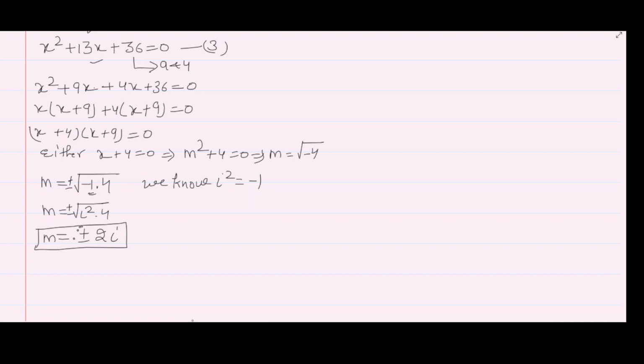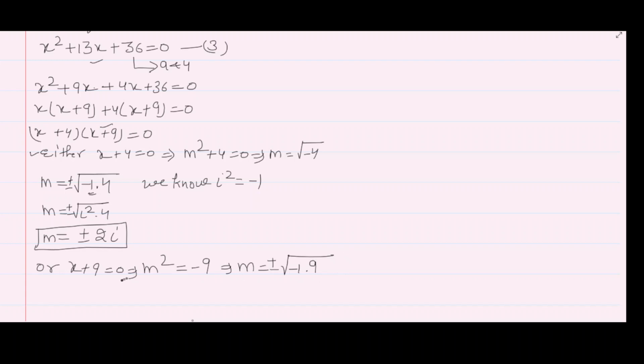Okay, now either x plus 4 equal to 0 or x plus 9 will equal to 0. The value of x is m square, that will be equal to minus 9. It means the value of m will be equal to under root minus 1 into 9 plus minus. Okay, minus 9 can be written as minus 1 into 9.